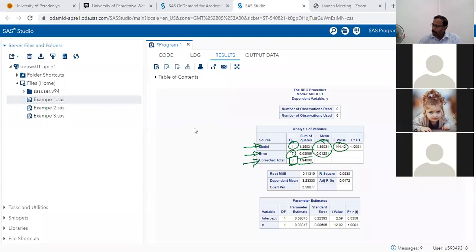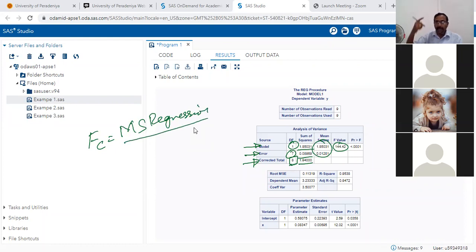This is the ratio between the mean square of regression and the mean square of error. F calculated value is the mean square of regression. I'm not saying anything other than what we have learned in our previous course. So here you have the values 1.85 something divided by 0.01285.